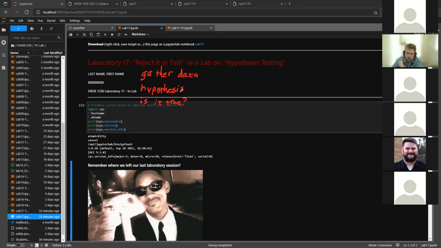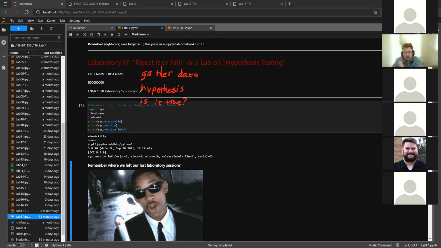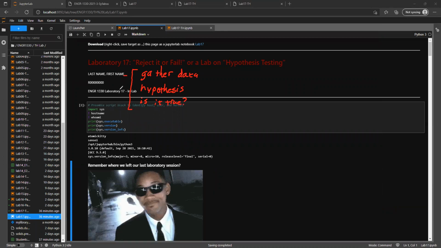Okay, well, this seems really simple, but there's a lot of subtleties to it. So that when somebody comes to you or you see on the news that according to a study over some number of data at some place, it turns out that the hypothesis of something is false.